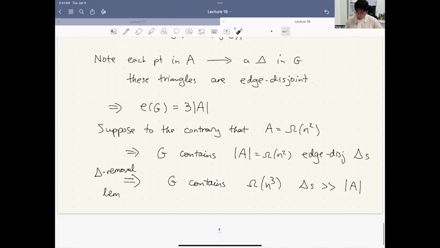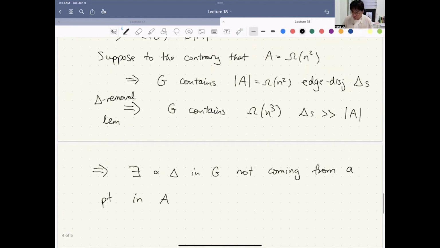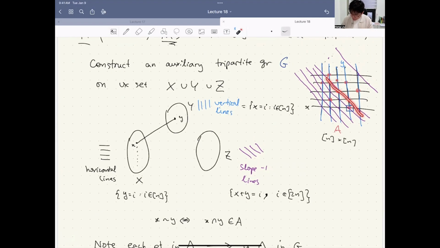Okay? This implies there exists a triangle in G not coming from a point in A. Well, how can a triangle look in G if it does not correspond to such a point in A?